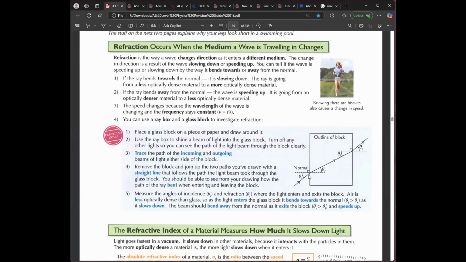So one edge of the wave enters the water first, and its speed slows down as compared to 3 times 10 to the power 8 meter per second, which was in the air. So it does not travel at the same speed, but the part that was outside travels with the same speed. So it kind of bends. And because of that, the angle of refraction is less than the angle of incidence, if that makes sense.